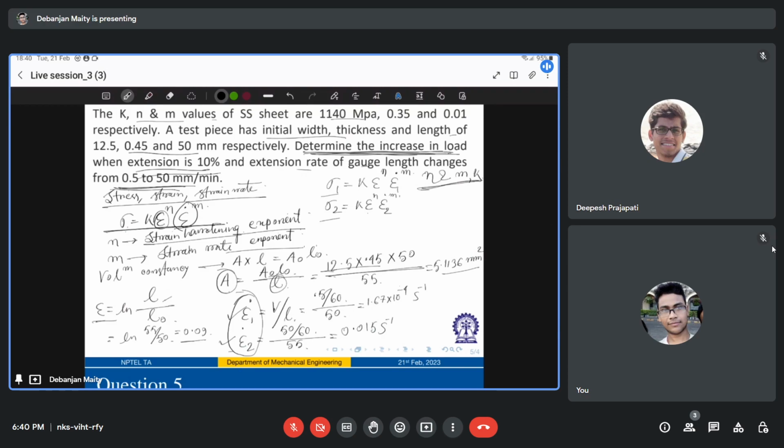Yes, from a physical point of view, initially it will not. Before pulling, there will not be any kind of strain. Yes, you are right. And after pulling, it is coming. This extension is coming as 10%.